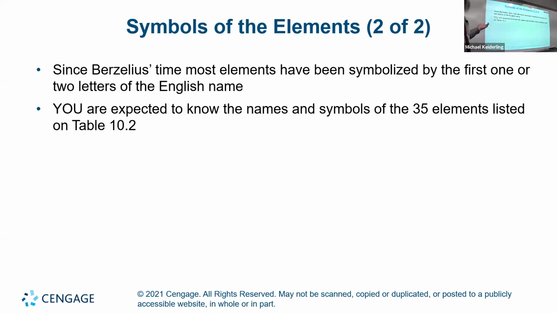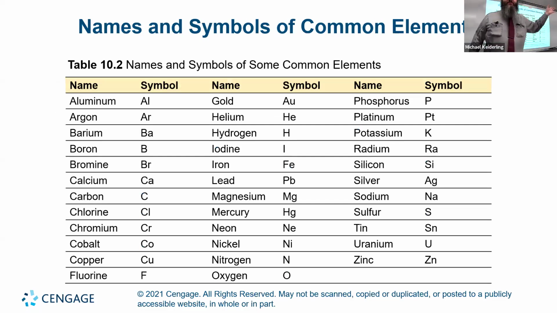So since Berzelius's time, most elements have been symbolized by the first 1 or 2 letters of the English name. You're not expected to know any of these, but this is a table of common elements. So things like aluminum.